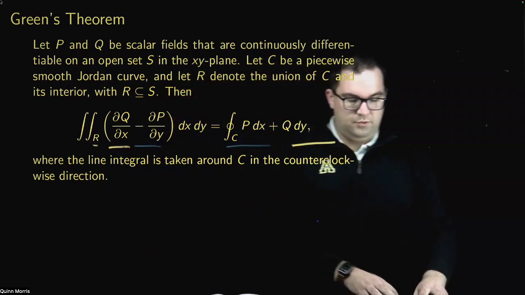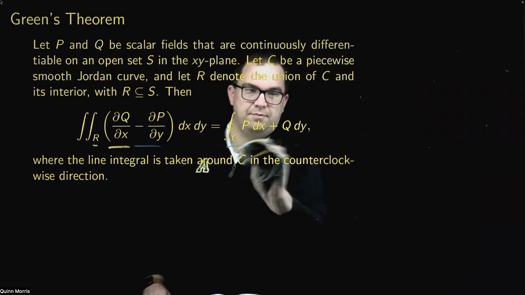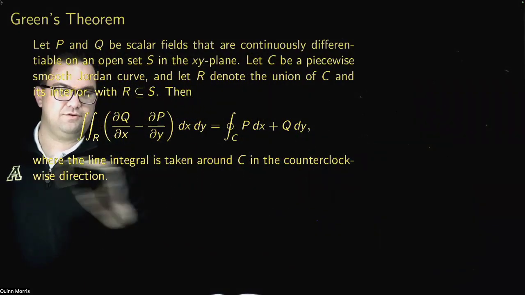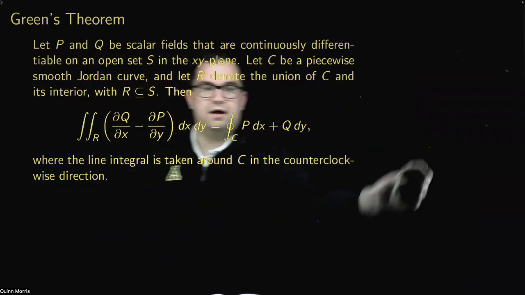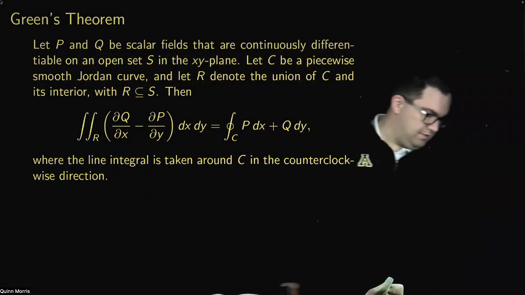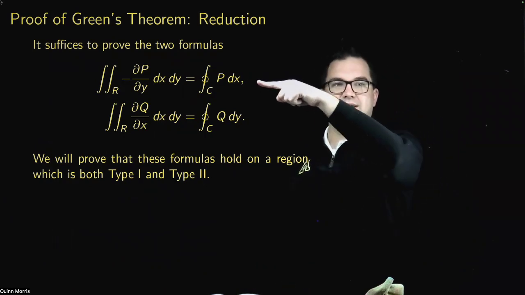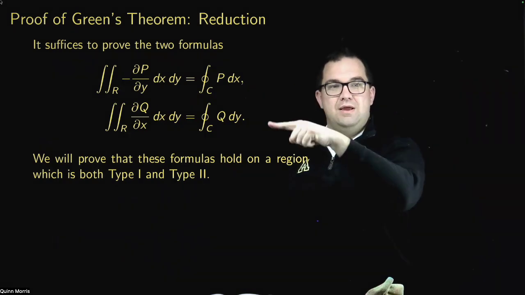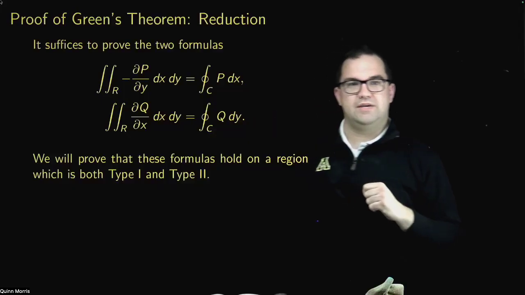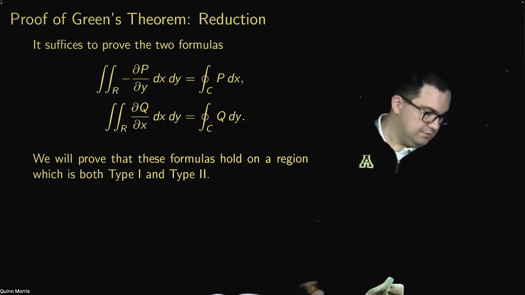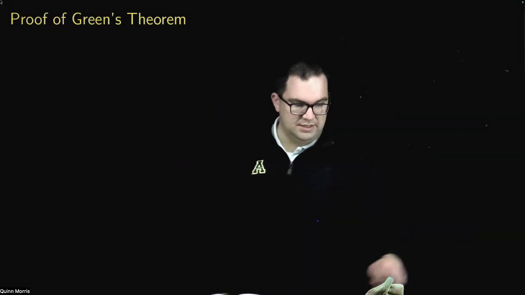Now, I'm going to do it for a nice type of region, a region which is both type 1 and type 2. Not surprisingly, I'm going to use the type 1-ness of the region to help me here, and the type 2-ness of the region to help me here. All right, so let's get started.